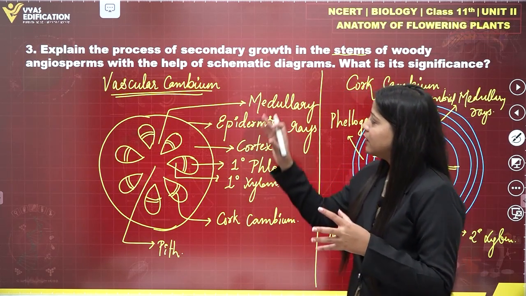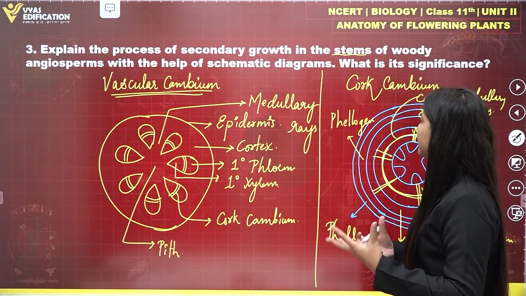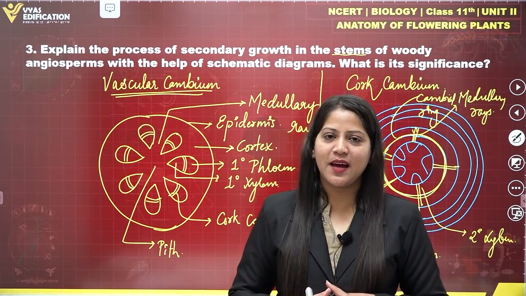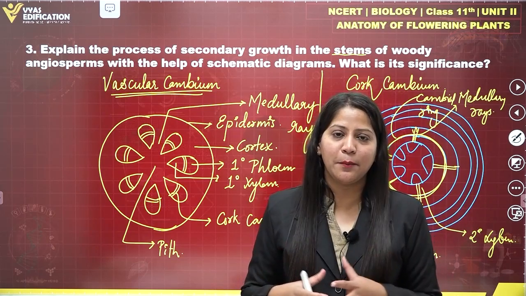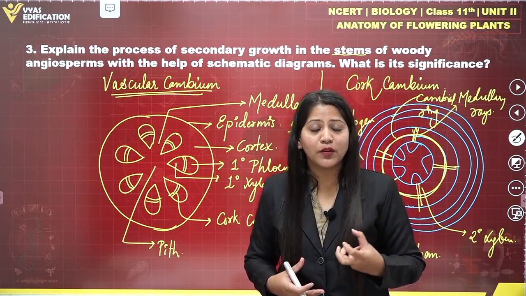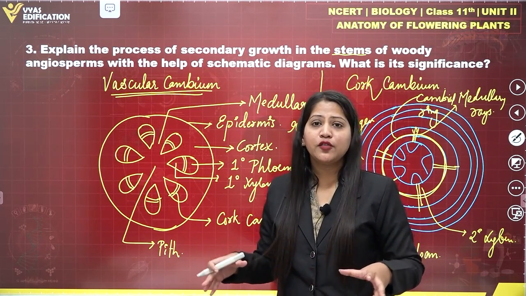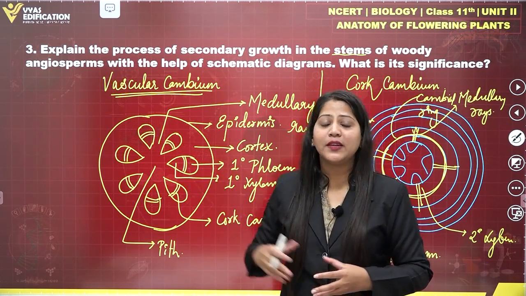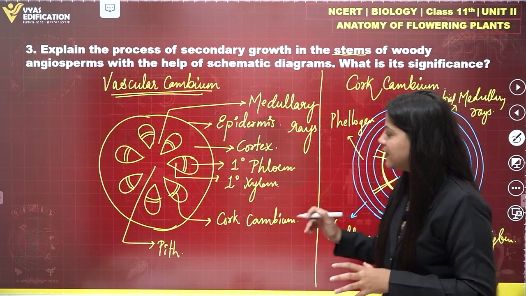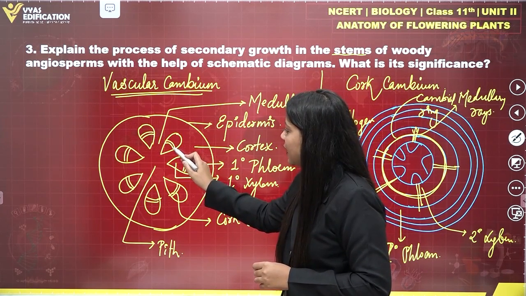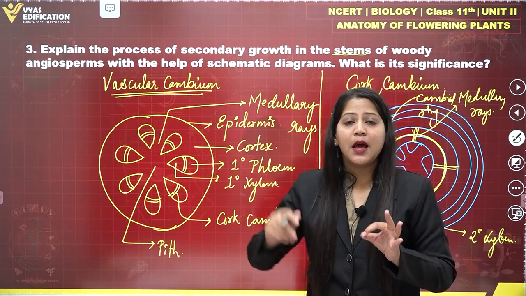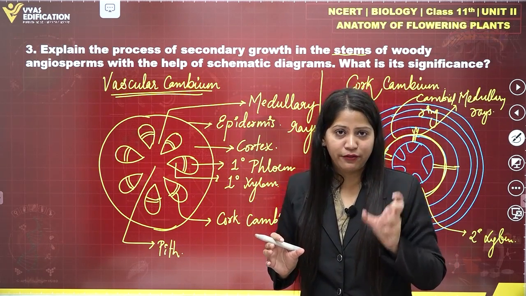Now, we know that the process of secondary growth in the stem of woody angiosperms takes place with the help of two types of cambia, that is vascular cambium and cork cambium. So let's discuss how secondary growth in dicot stem actually takes place. First, with vascular cambium, in this diagram you can clearly see the cambial strips present between primary xylem and primary phloem.